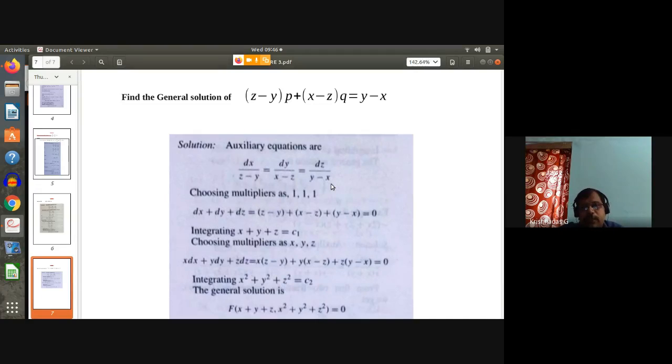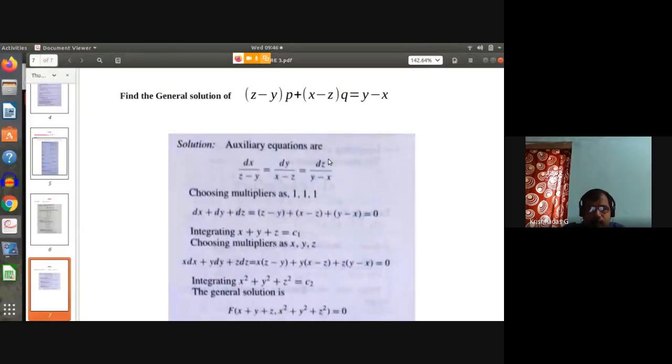Actually, this is simply a property of ratios or proportions. Which means that dx plus dy plus dz is proportional to 0. Proportional to 0 means a multiple of 0. So we have one equation as dx plus dy plus dz equal to 0.